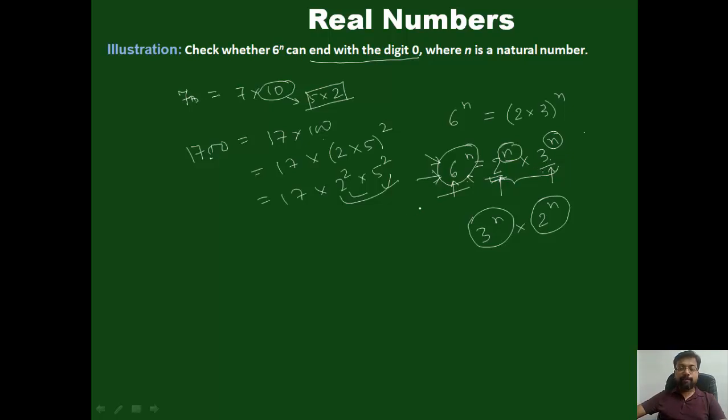This would mean that 5 is not a factor of 6 to the power n. This brings us to the conclusion that 6 to the power n will not have the number 10 as a factor. So the number 6 to the power n is never going to end with the digit 0. So this is what the method is going to be when you are writing it. And hence you have proved that 6 to the power n cannot end with the digit 0, where n is any natural number.